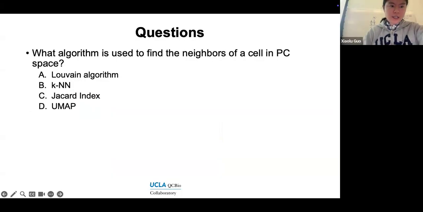Okay, let's do some quick review. Think for 10 seconds and then show me your answer, with A as 1, B as 2, C as 3, and D as 4. First question: what algorithm is used to find neighbors of a cell in the PC space?